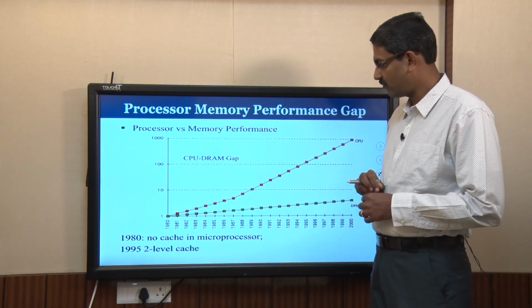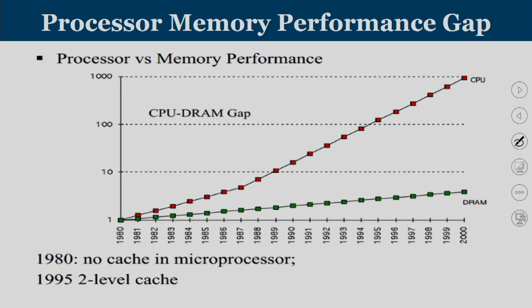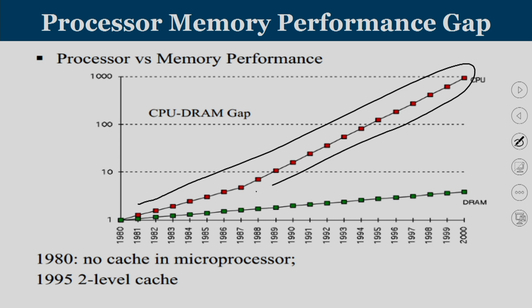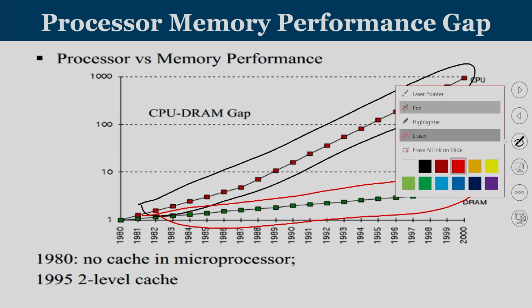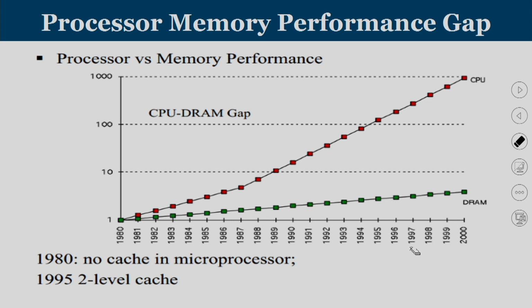This slide will give you an idea of the relative growth in the processor industry with respect to the performance of processors and the performance of memory systems. What you see in green color here is the DRAM structure, the main memory structure, and what you see here is the performance of processors.